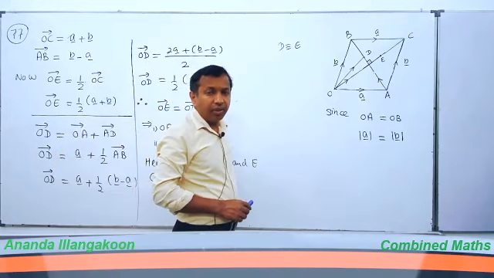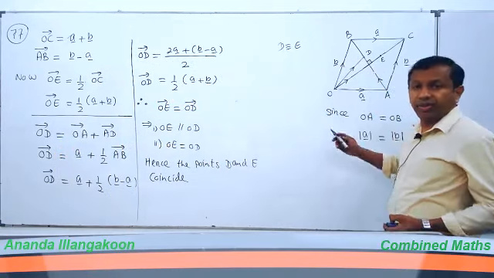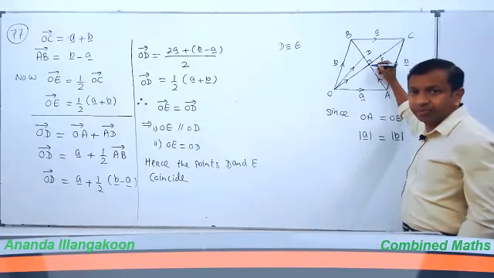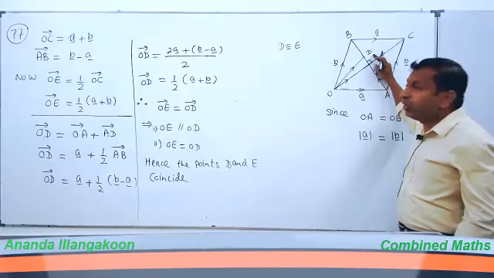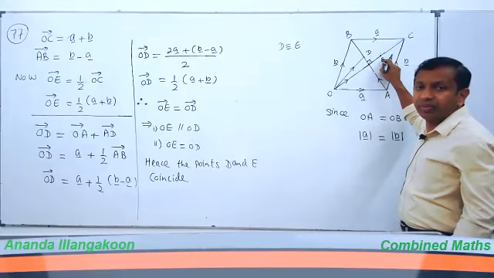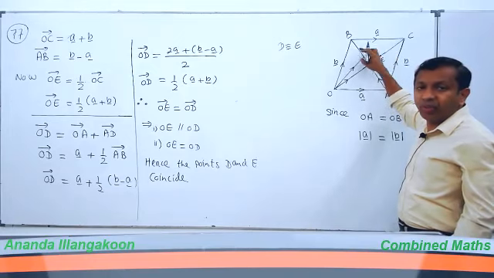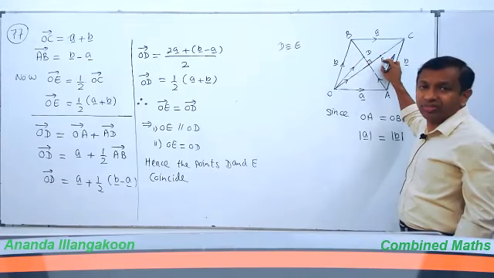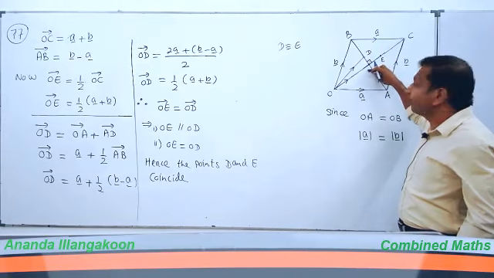Okay. Therefore, the possible location for D and E should be this. Why? Point D should definitely be somewhere on AB. Since D overlaps with E, point D should also be on OC. Then D should be on AB as well as on OC.